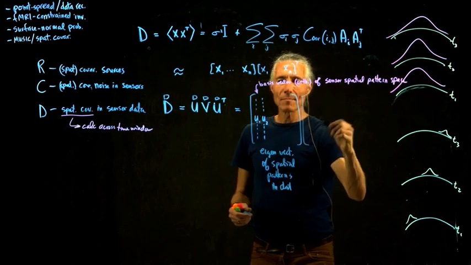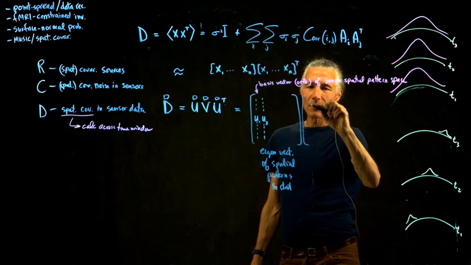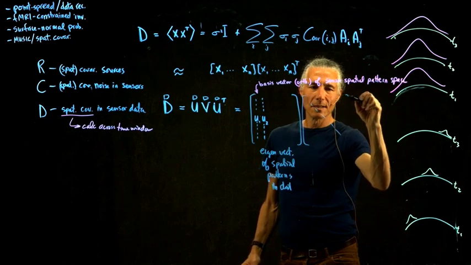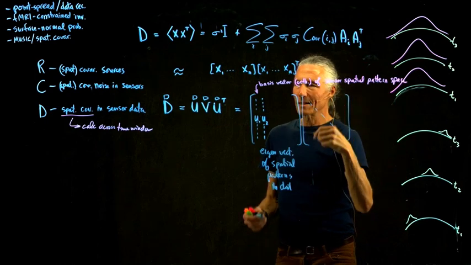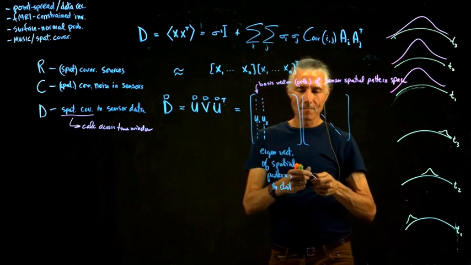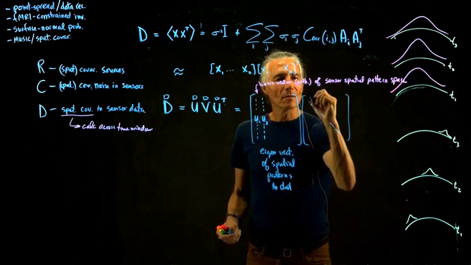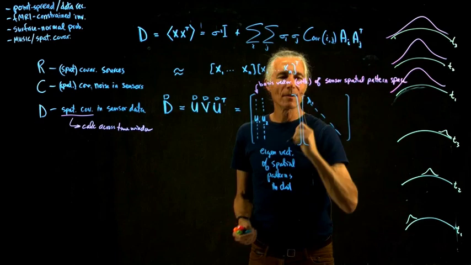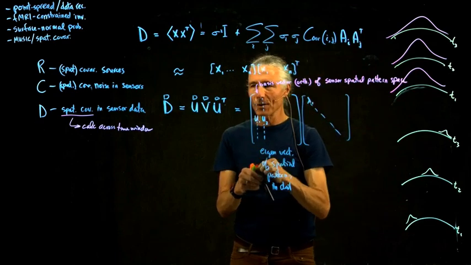And then it's multiplied by this eigenvalue. This one says how strong each one is. Here's the corresponding eigenvalue, the eigenvalue for the first eigenvector.